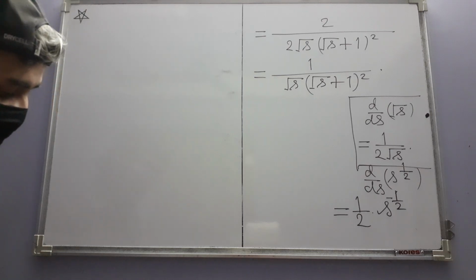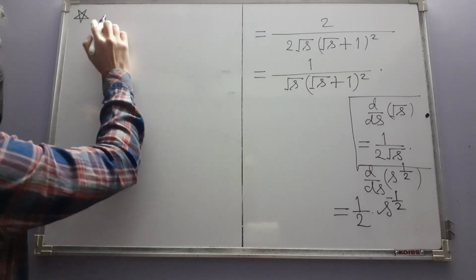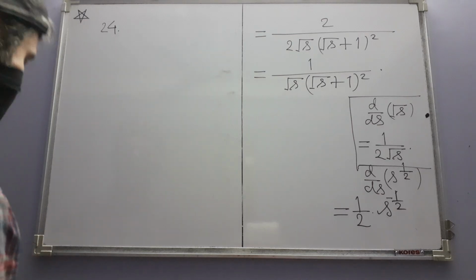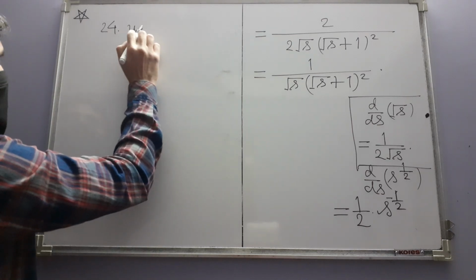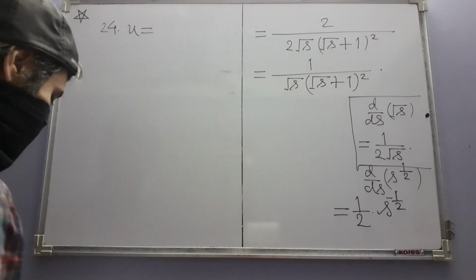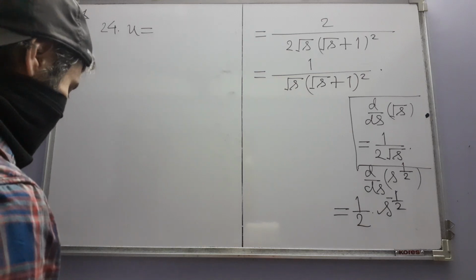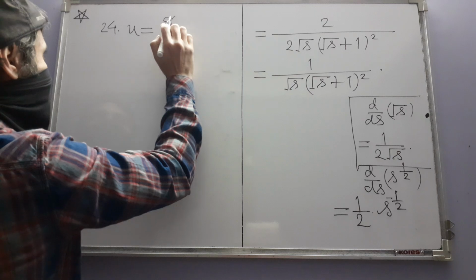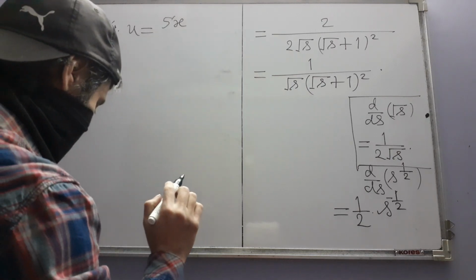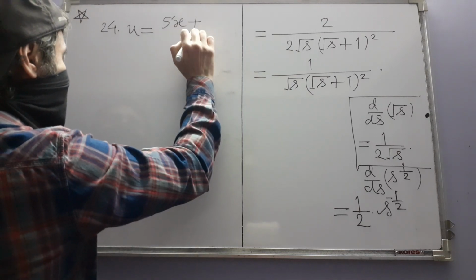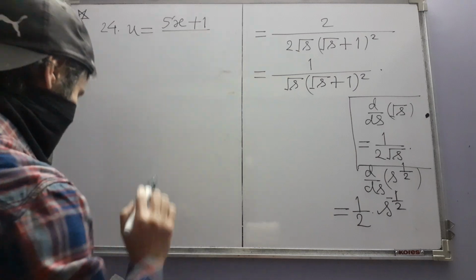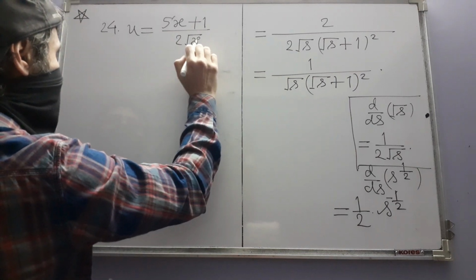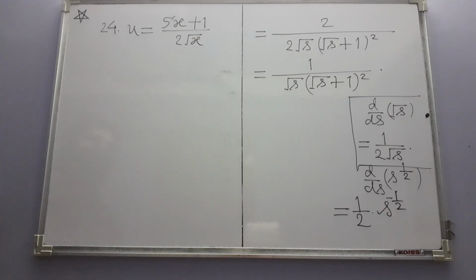Next, 24, this one. It looks like we have to use the quotient rule, but we can in fact simplify the situation. 5x plus 1 divided by 2 times square root of x.